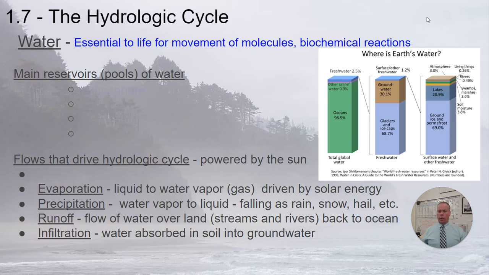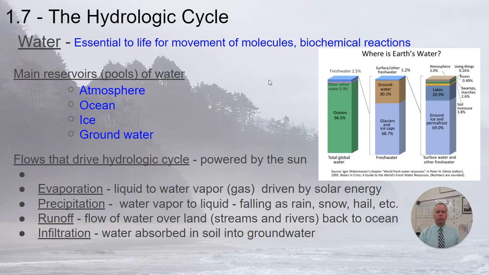So when we think of water, we can think about 4 different reservoirs or pools of water. There's water in the atmosphere, there's water in the oceans, there's water in the ice, and then there's groundwater. Certainly there are other categories, but we're talking about the majority of water. This is where you find it.